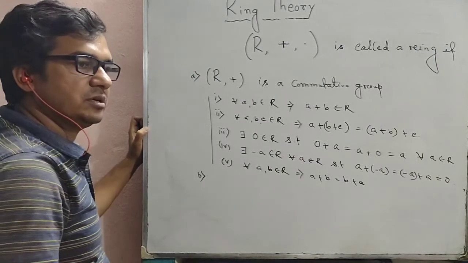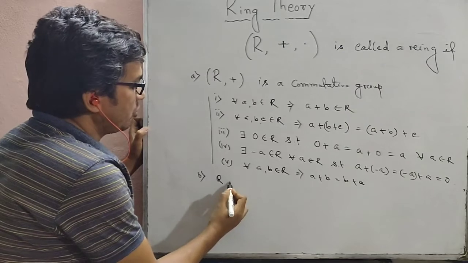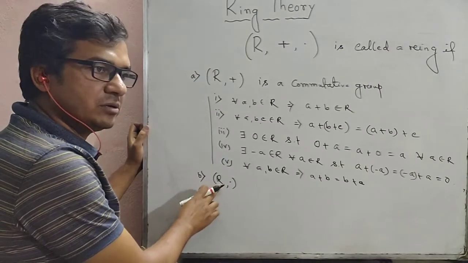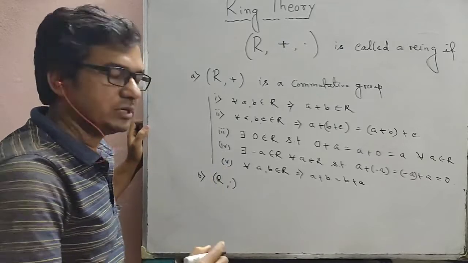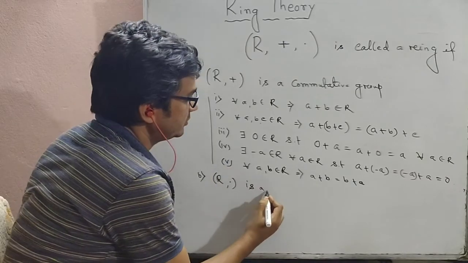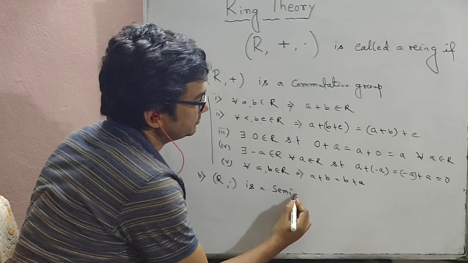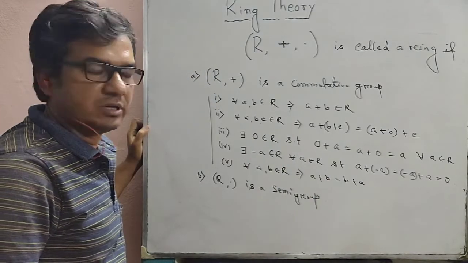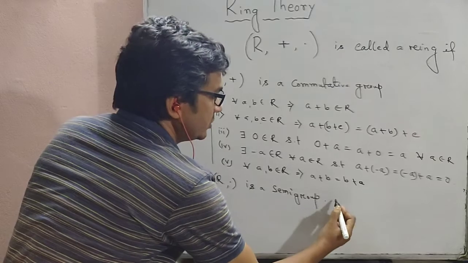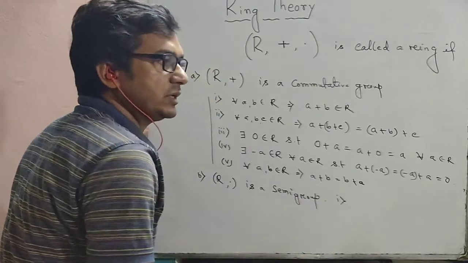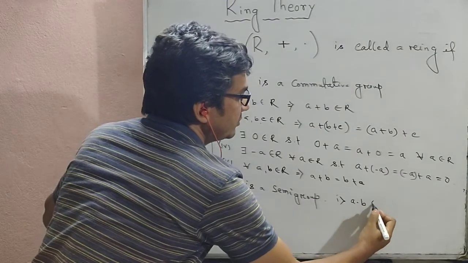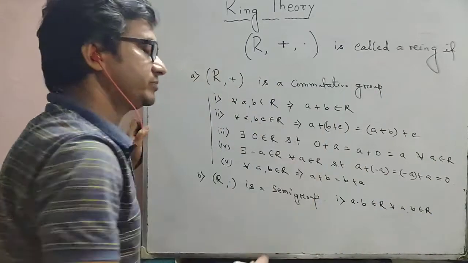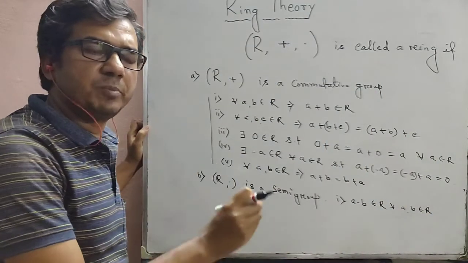And property B, R dot, that is the non-empty set R together with the binary composition dot, is a semi-group. That is property 1, A dot B belongs to R for all A, B belongs to R. That is closure property with respect to dot.